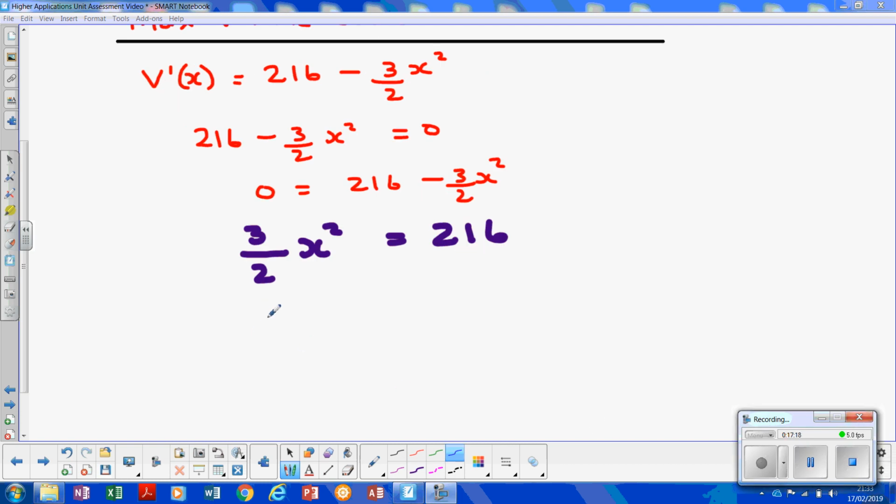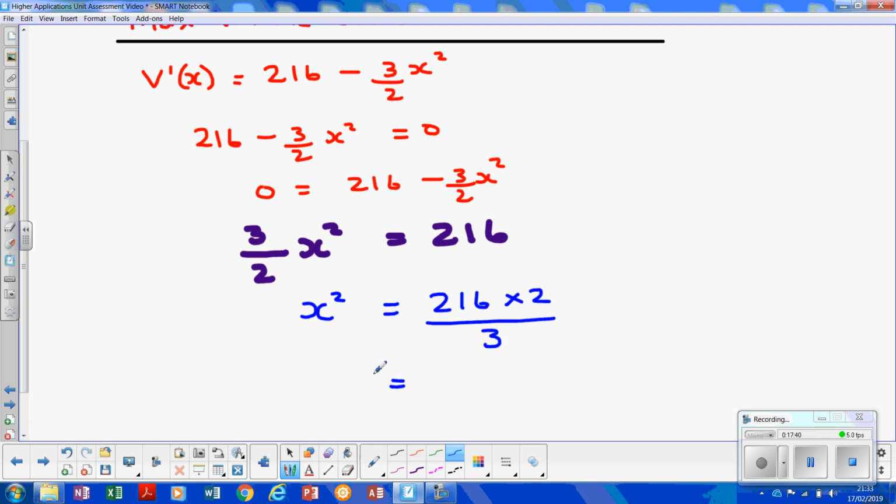To work out x squared, we've got 3 times x squared divided by 2. So the opposite of dividing by 2 is to multiply by 2. The opposite of multiplying by 3 is to divide by 3. So therefore x squared is equal to 216 multiplied by 2 all divided by 3. So when we work that all out, we end up with a value of 144.